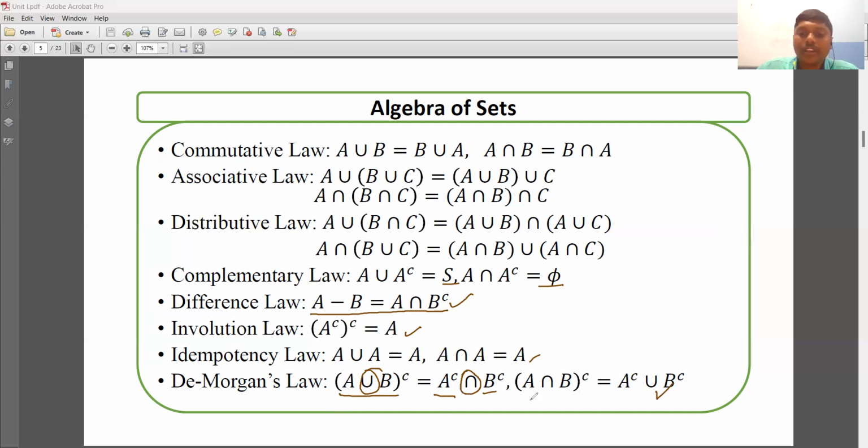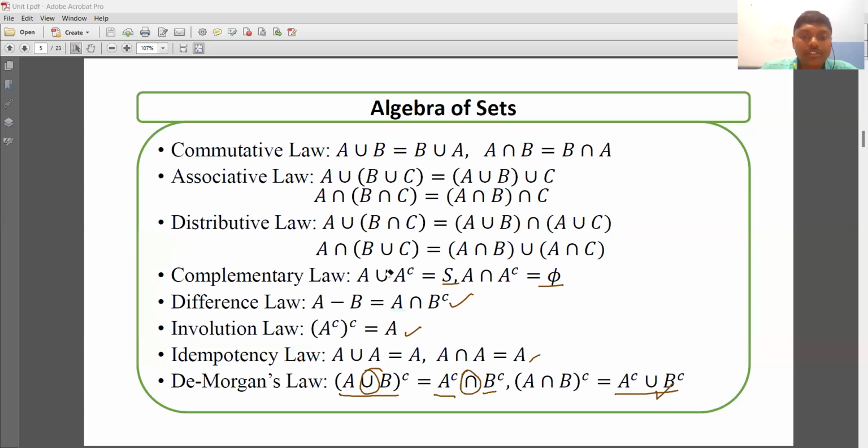Similarly, (A intersection B) whole complement will give you A complement union B complement. It's very straightforward; you can prove it very easily. If you want to verify it, you can do it. So these are the basic things of set theory required to study basic probability theory. We are in a position now to study the basic definitions of probability theory. So let us go to that part.